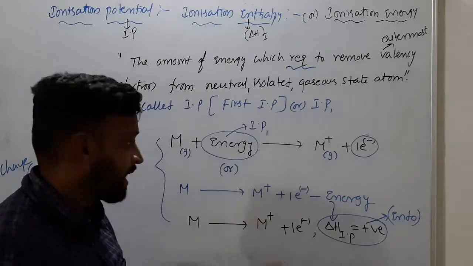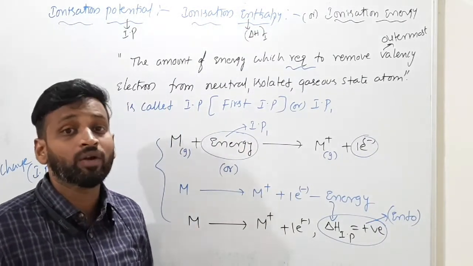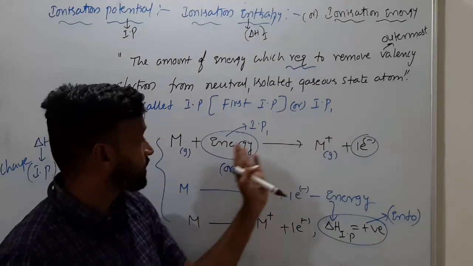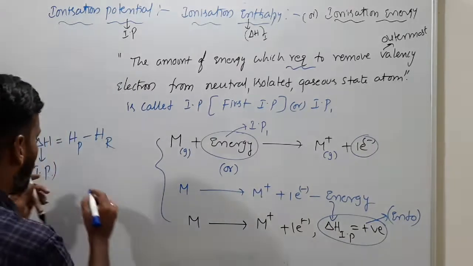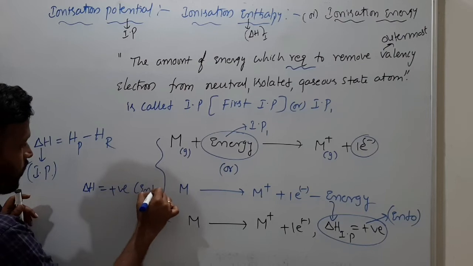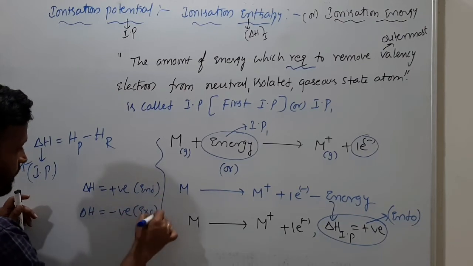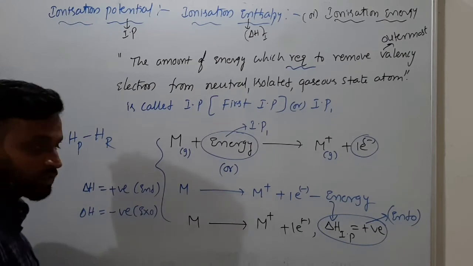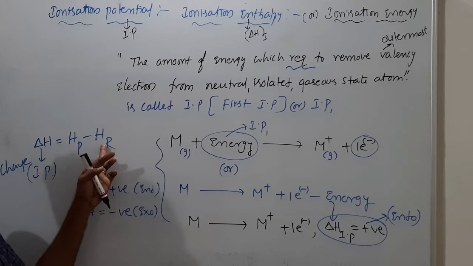Do you know the meaning of endothermic? If the amount of energy is required, that is endo. If energy is released, that is exo. So delta H positive is endo, and delta H negative is exo. When delta H can be negative, the reactants must have more energy.